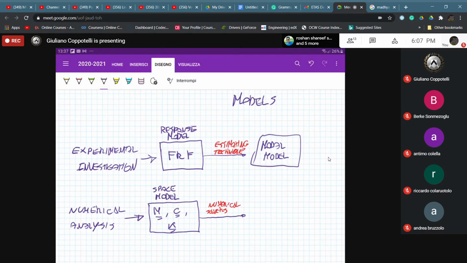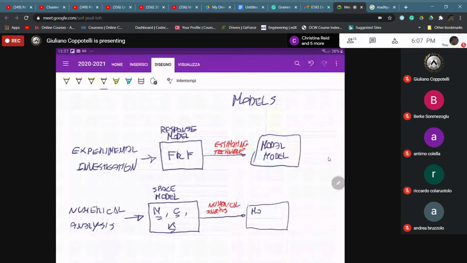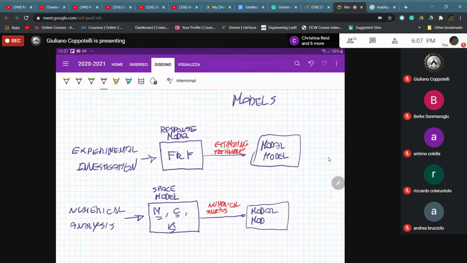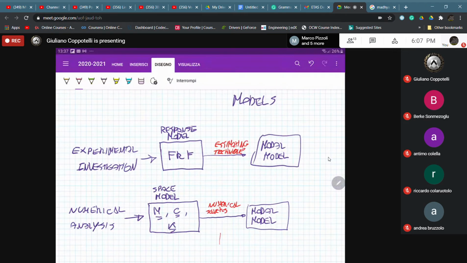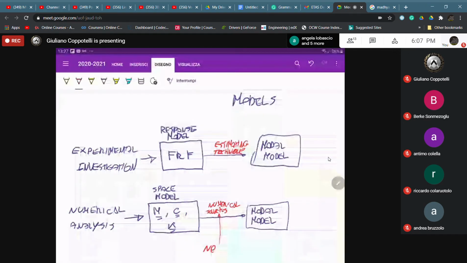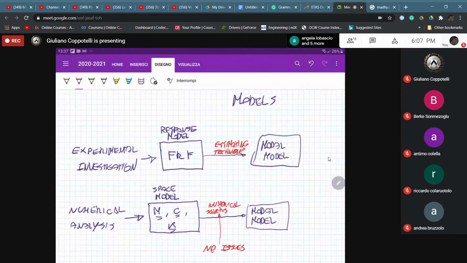Then what we got is, once again, your model. By the way, we can say that in this procedure there are no issues, generally speaking. Okay, there are some numerical issues, but they are always solved, and we know that.